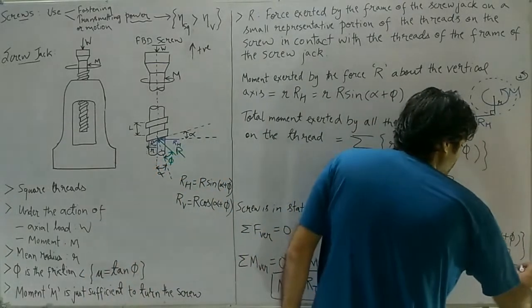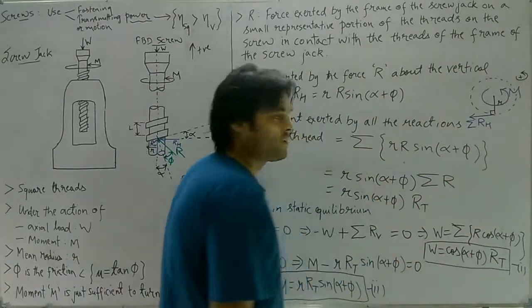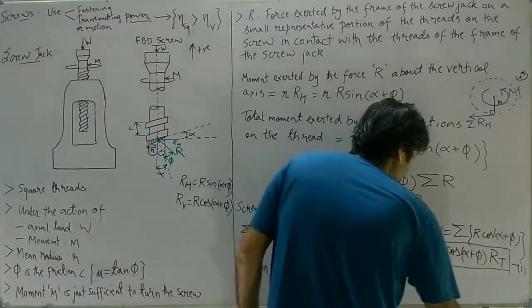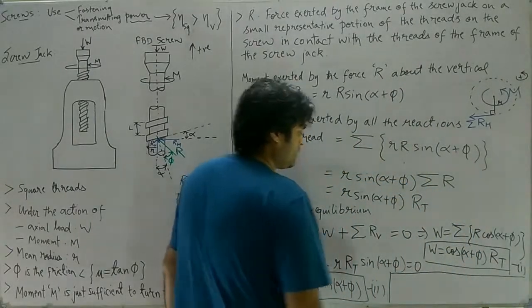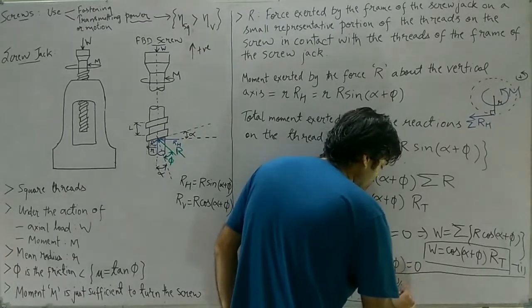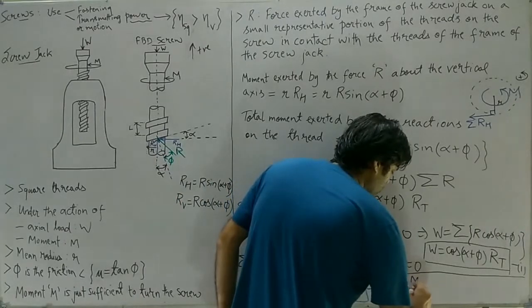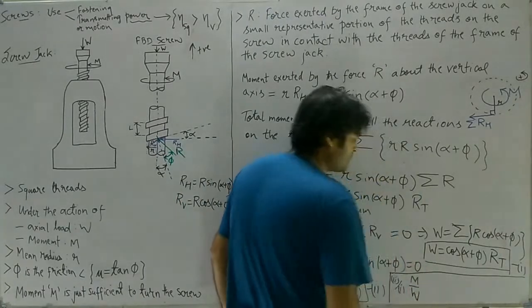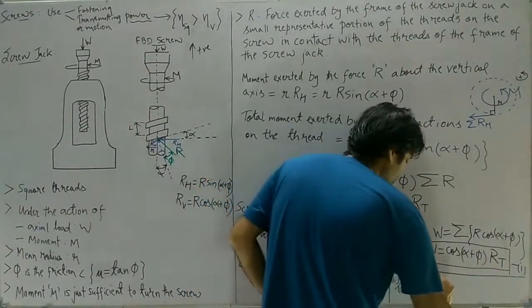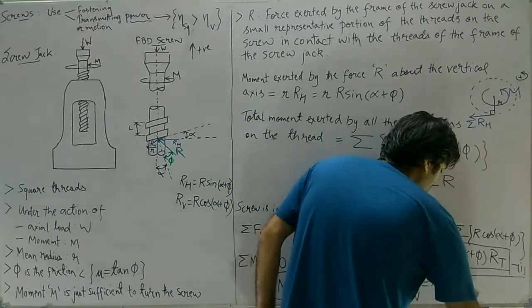Okay, so let this be the first equation, this be the second equation. Now what we do is, let's do it here only. We divide the second equation by the first equation. So we have M by W is equal to small r into tan(alpha plus phi).